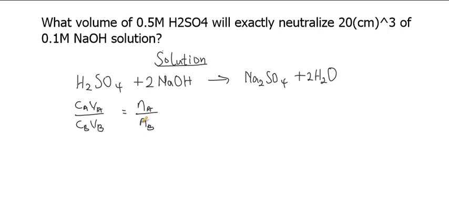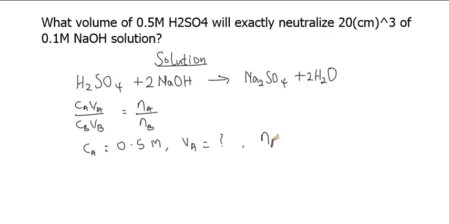The next thing we do now is to write out the given data from the question. From the question, we have Ca, that is the concentration of the acid, to be 0.5 molar. So we say Ca equals 0.5 molar. The volume of acid used, Va, is unknown. The number of moles of acid: the coefficient in front of the acid in the equation is 1. So we have Na equal to 1.